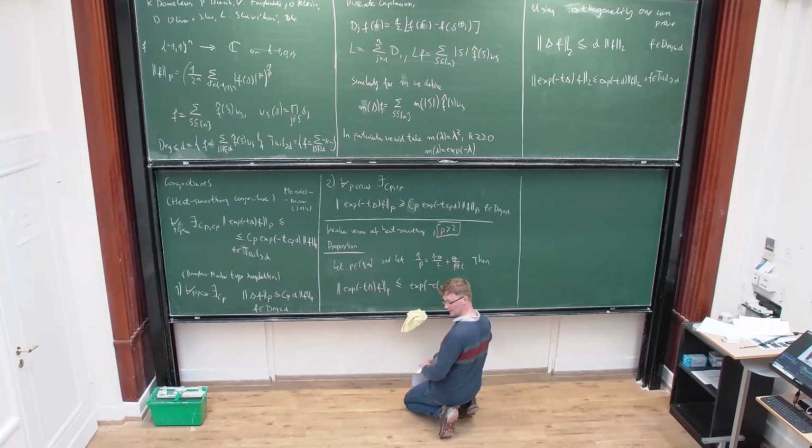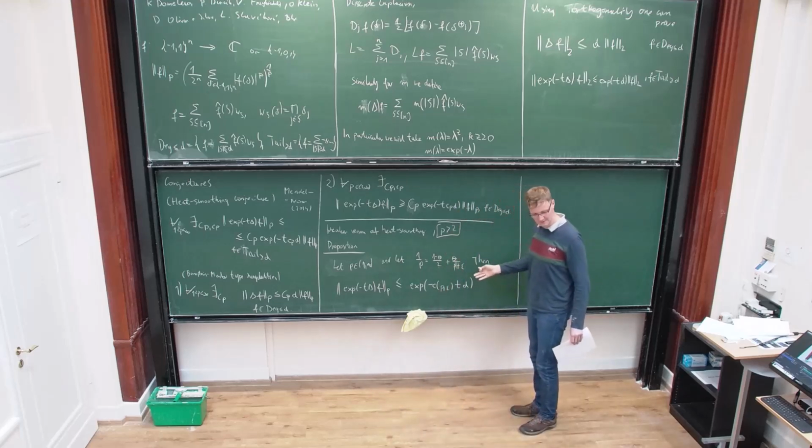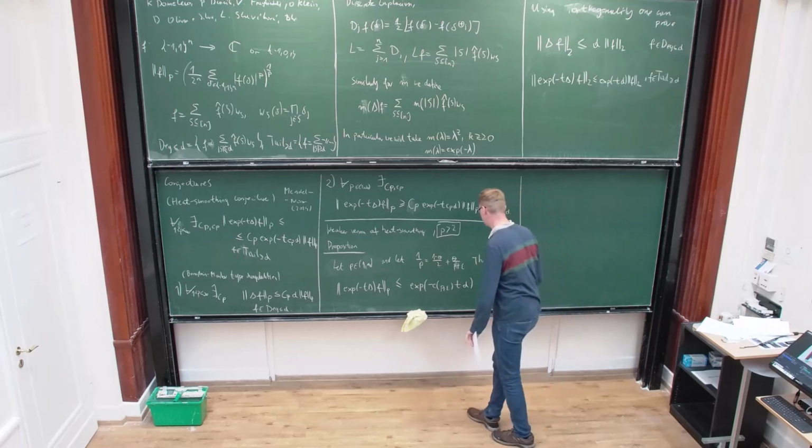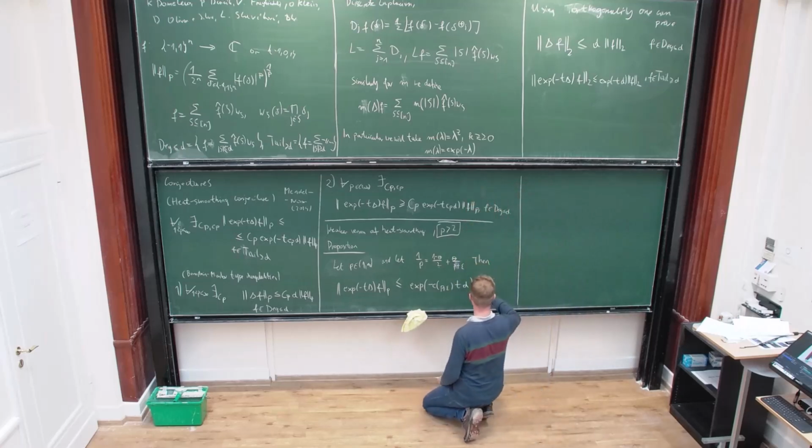So the dependence on t and d is correct here. But we want to get the Lp norm, and here we get something other. The something other is the L2 norm to the power 1 minus theta times the L(p plus epsilon) norm to the power theta.